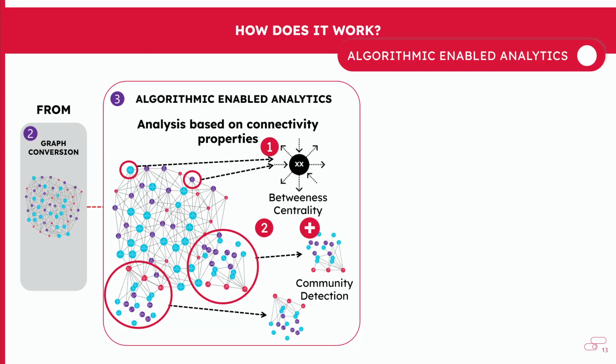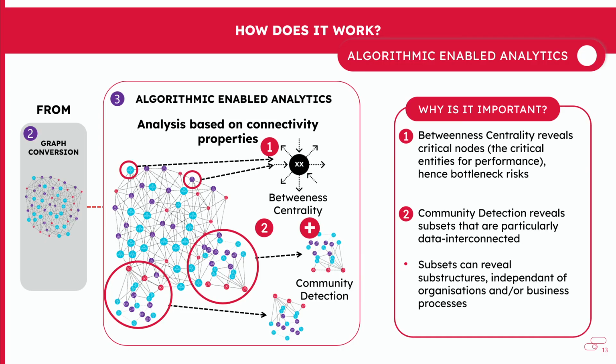Once we have this graph conversion, some of the algorithms from graph theory that we have used for this analysis are the betweenness centrality, to tackle the load in every single node, and also the community detection algorithm. This betweenness centrality tends to reveal the critical nodes, the potential risks, the potential bottlenecks inside the information system.